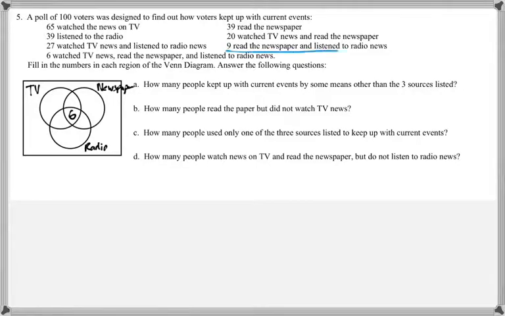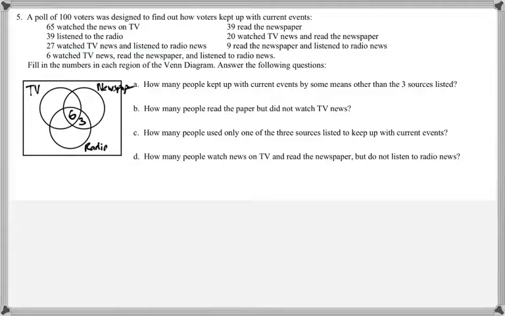9 read the newspaper and listened to the radio news. So this football is worth 9. So to get this region, we need to take 9 and subtract 6, which gets us 3. 27 watched TV and listened to the radio.